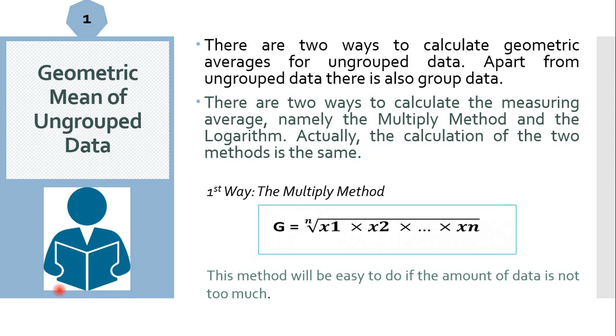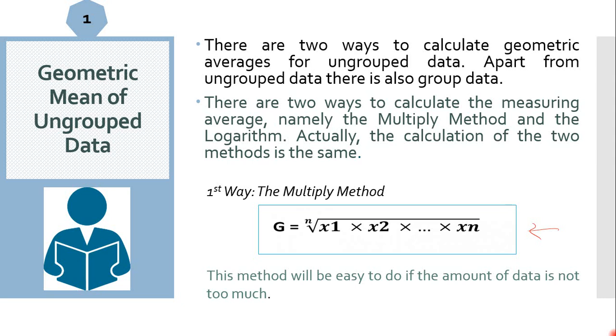Okay, the first way is the multiply method. You can write it as this, which is G equals the nth root of the multiplication of the value x1, the multiplication of all of the x actually.